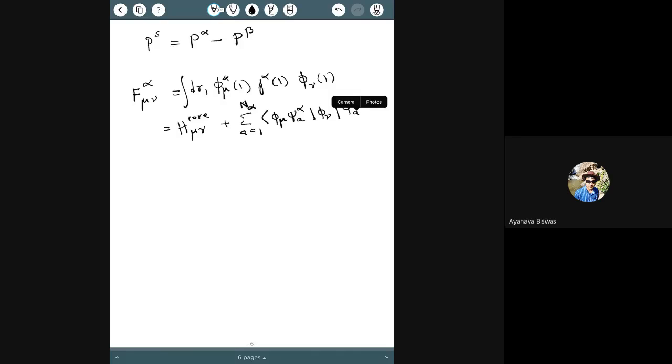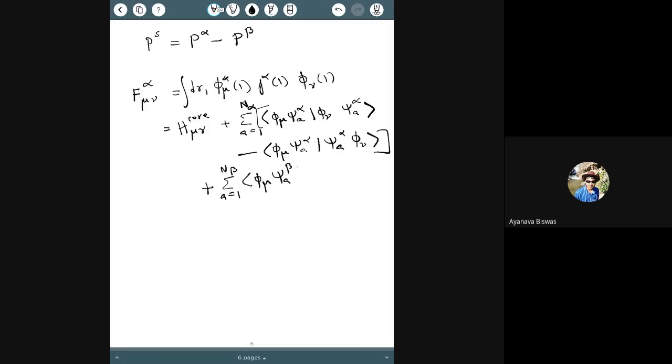This is alpha alpha. So I'm talking about the Fock matrix of an alpha electron. So I have a Coulomb integral, and I have an exchange integral. And the beta interaction of the alpha electron with the beta electrons has only the Coulomb.